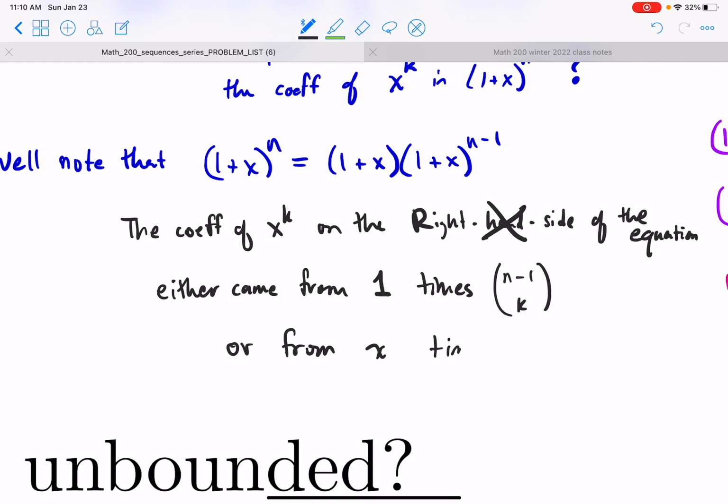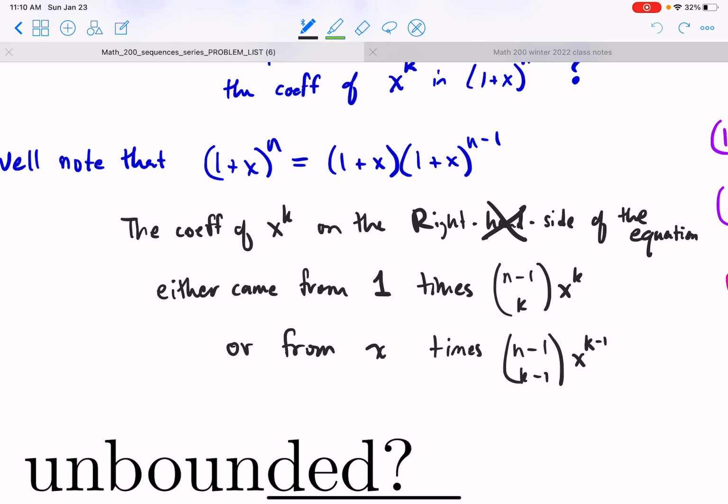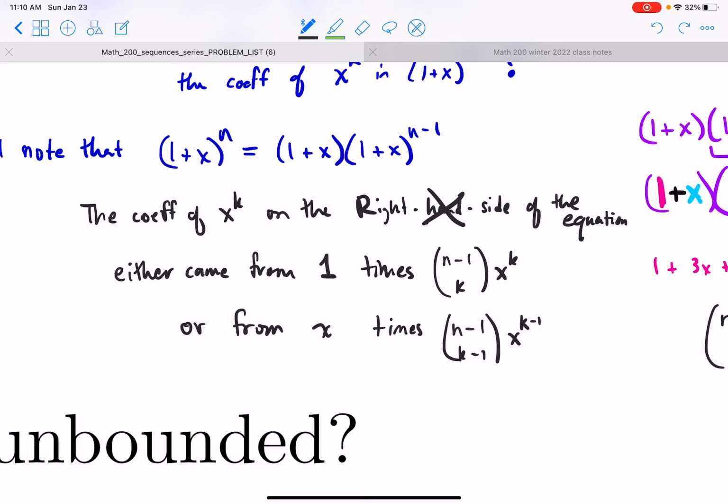X times the power of the k minus 1th coefficient. So this is the coefficient in front of that power. Here's the coefficient. It's just a number in front of that power. So you see that this is in words.